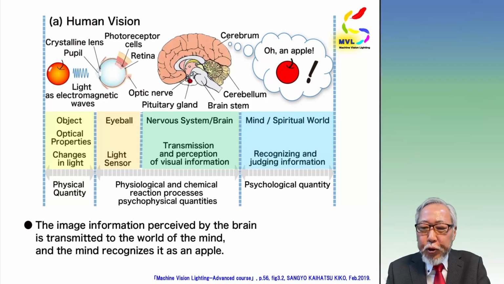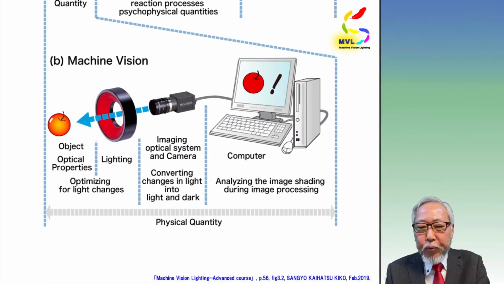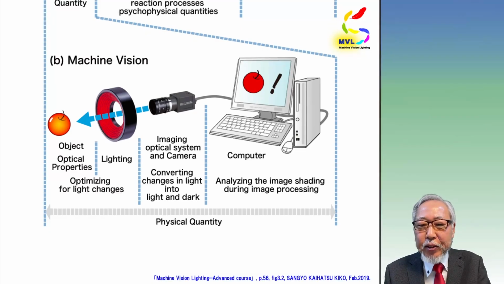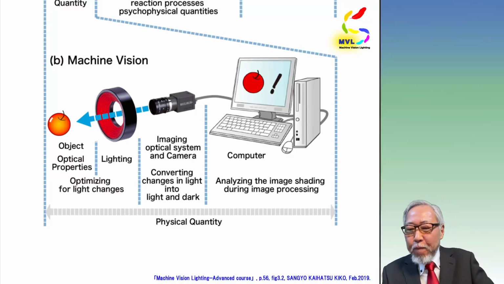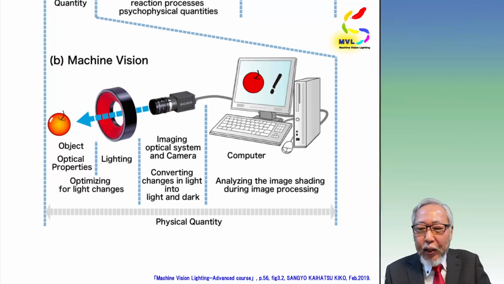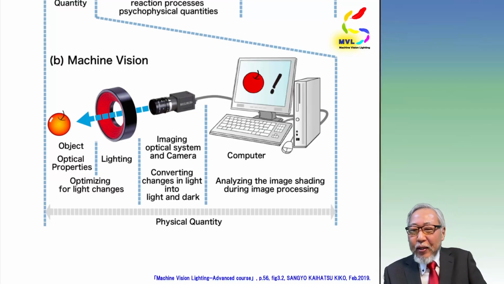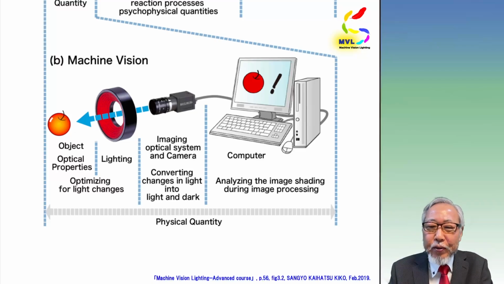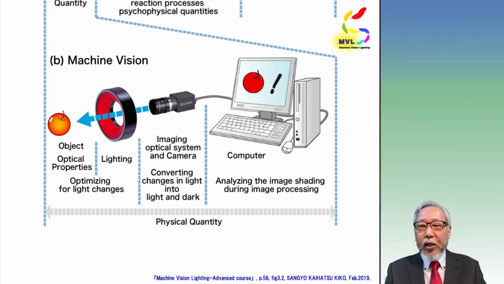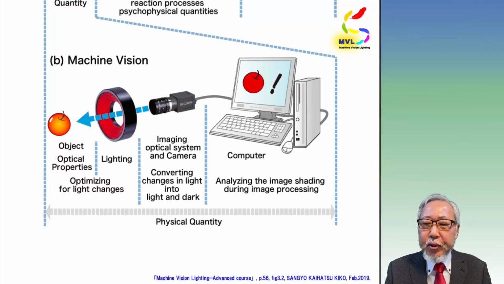So if the human brain could be completely realized by a computer, then according to the view of brain scientists, robots would also be able to exercise their visual functions. But after all, they say that the mind is also created in the brain. In fact, however, it is clearly not the case.